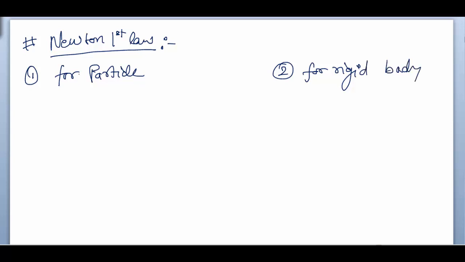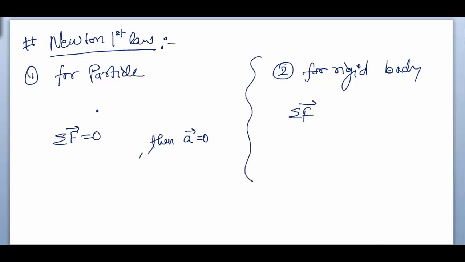Suppose it is a particle here. If summation of force equals 0, then acceleration of the particle will also be 0. And for a rigid body, if summation of all the forces is 0, then acceleration of the center of mass of the rigid body will be 0.